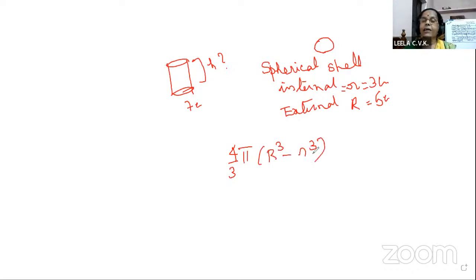Are you able to follow this part? Why is it R cube minus r cube? Whatever thickness is there, only that much is the volume of the material when you melt it.